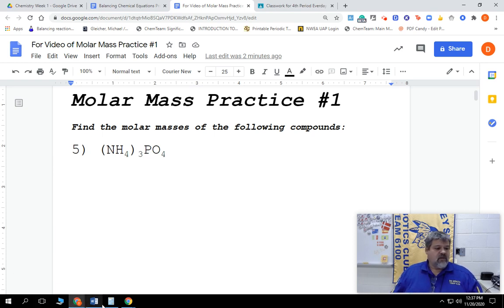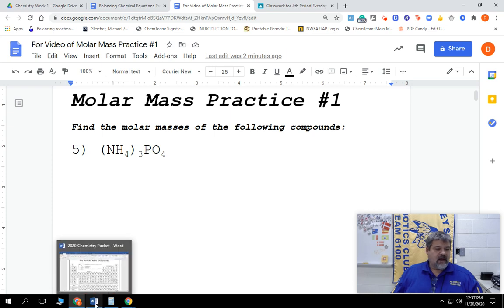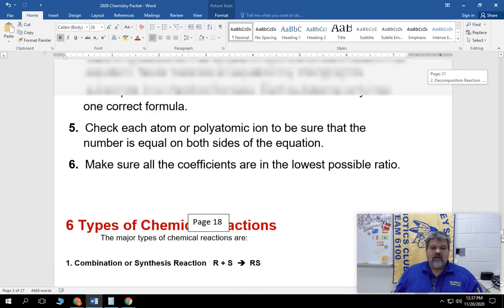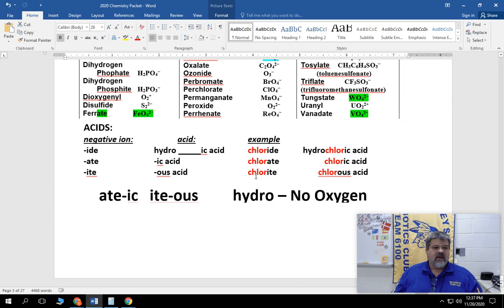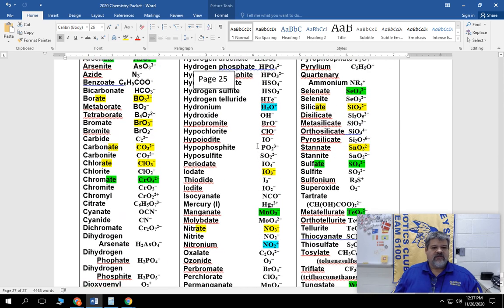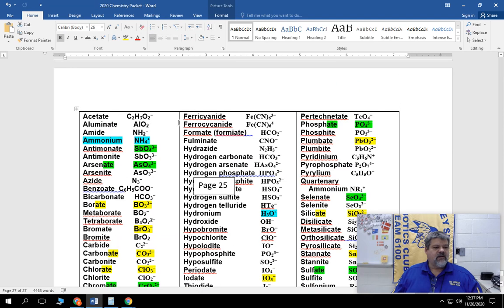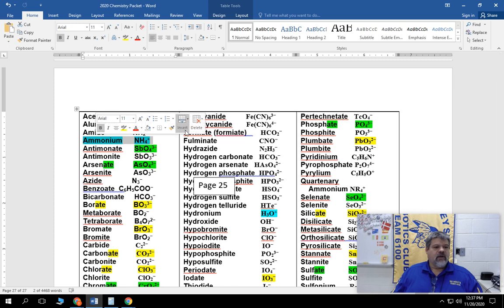So let's go ahead and go to the first part. NH4 and PO4. We're going to go to the last page. I'm going to scroll all the way down to our last page, and we're going to do NH4. You can look at the ends, but you're not going to find it there. You're going to find it right up here at the beginning. It is ammonium, so you're going to write ammonium down.